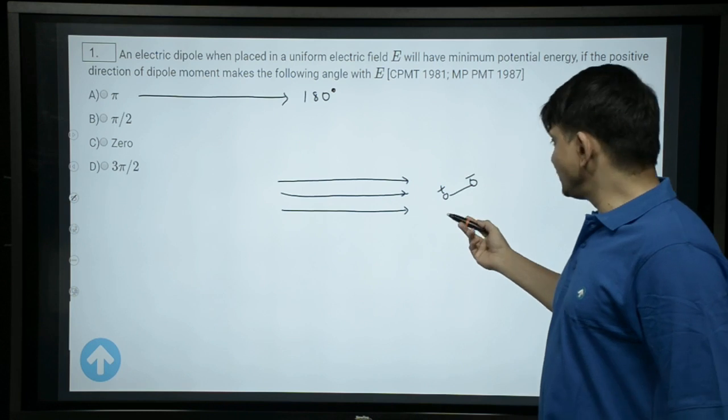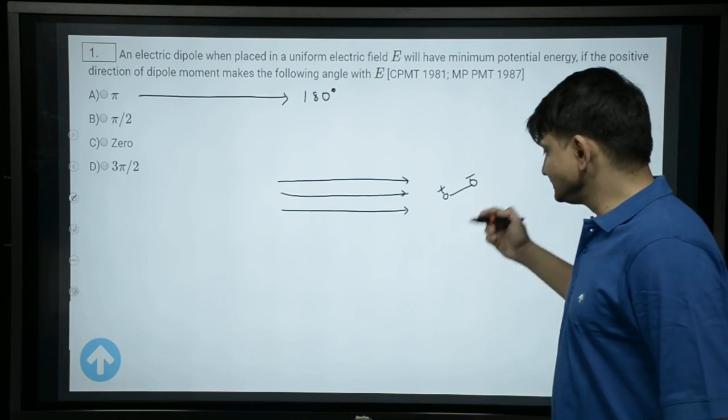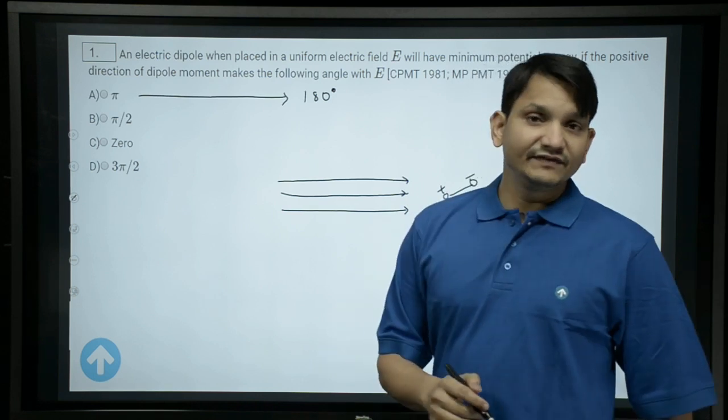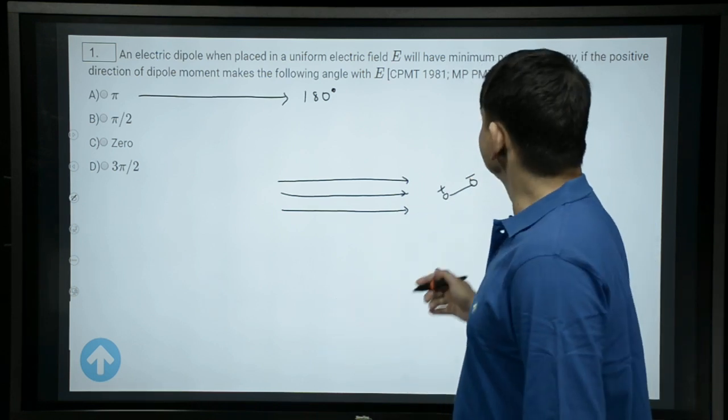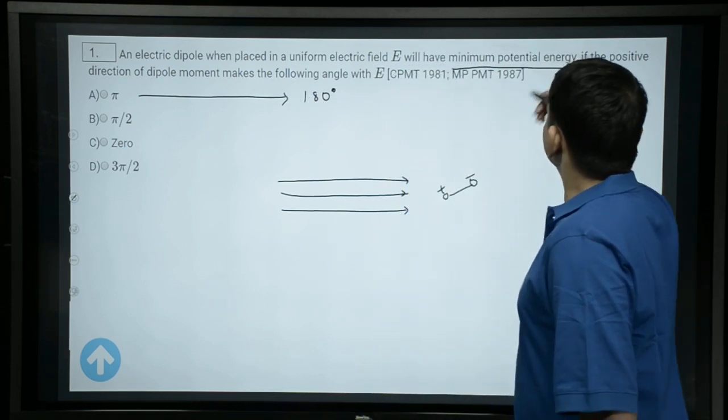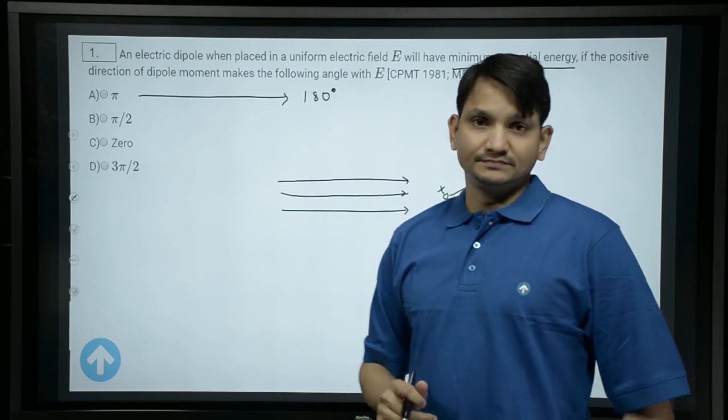That's our positive end, another is negative end. So in which direction would the potential energy be minimum? Sorry, what is mentioned here? Potential energy would be minimum.